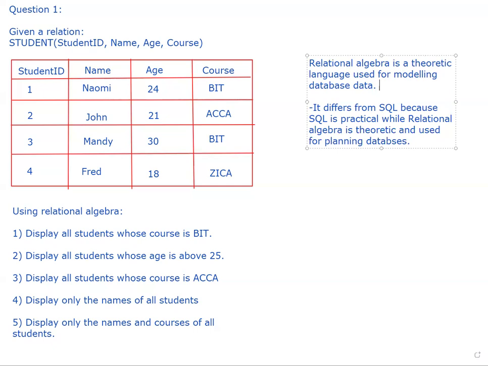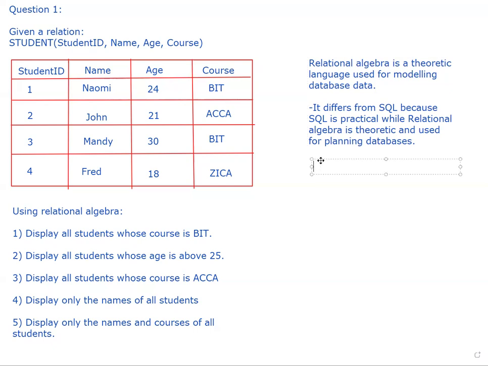Meaning with SQL, you can actually run a program. Relational algebra, you can't. It is basically theoretic, and so you just use it for mapping databases that you wish to create.